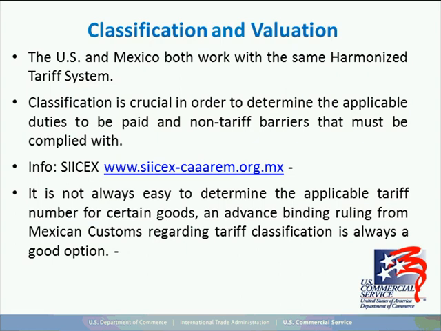So mixed products are the ones that make most trouble, precisely because 2 or 3 may be applicable. The thing is to apply the correct rule to be able to determine which one is the one that makes the product what it is according to its use, or the product that gives the good the essential character.